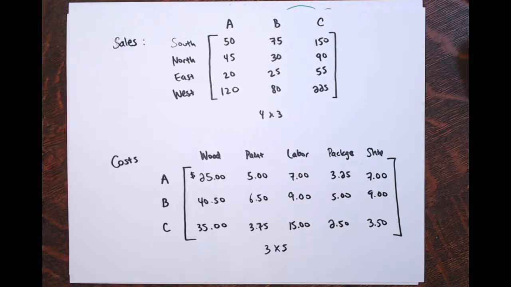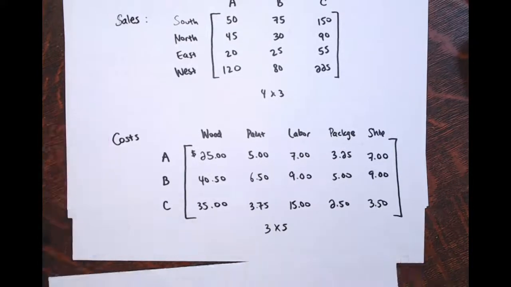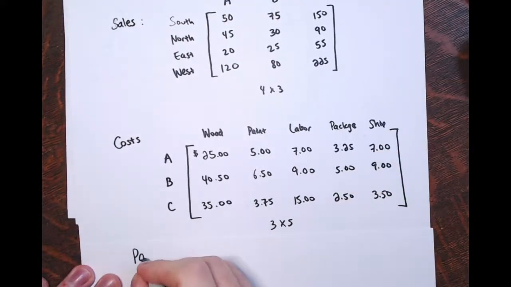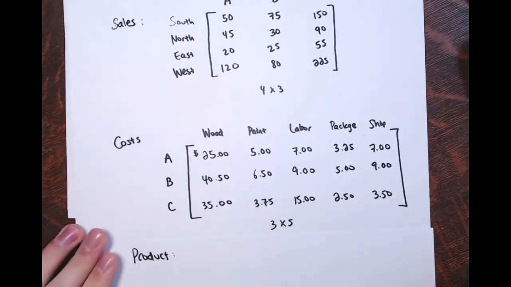So what is the product of these two matrices going to mean? What is the product going to give us? Now, notice the sizes. When I talk about the product, there's only one order I can actually do it in.